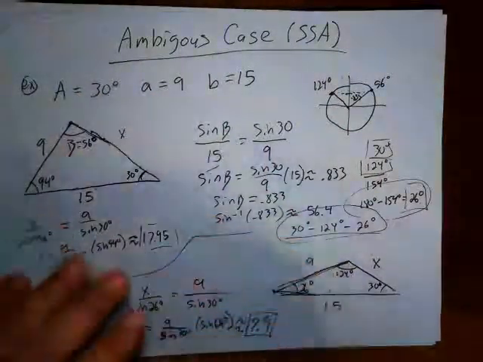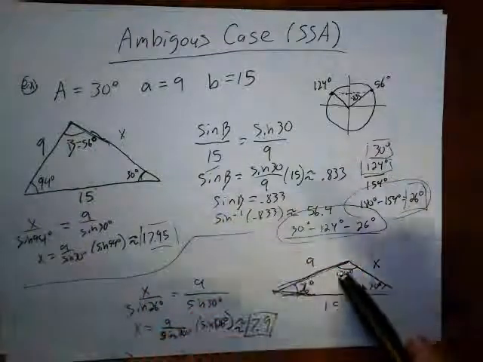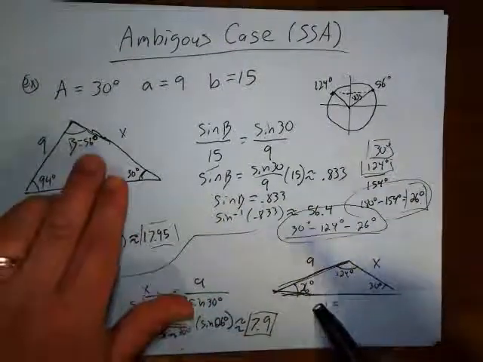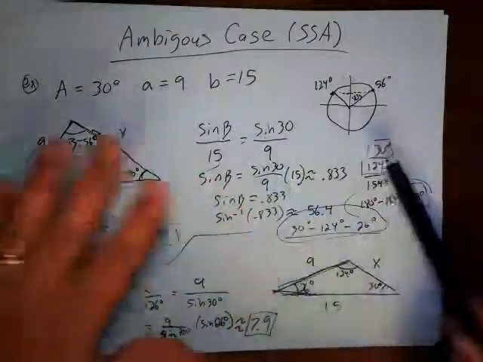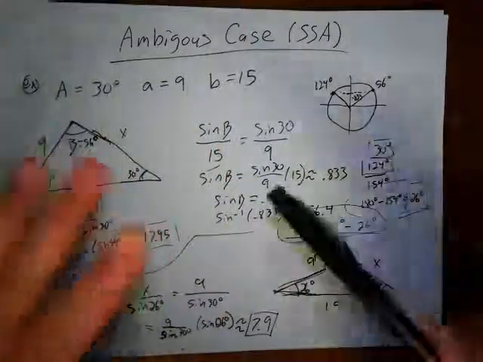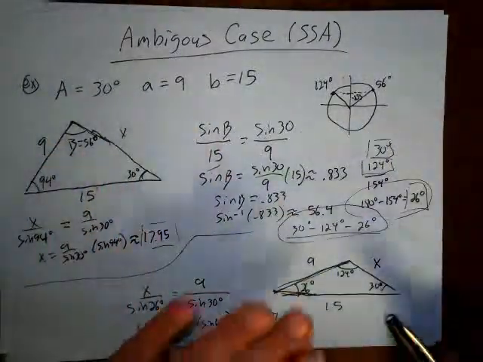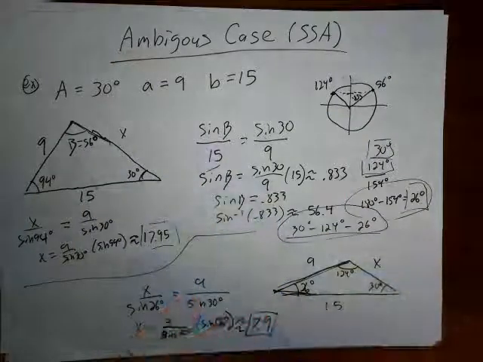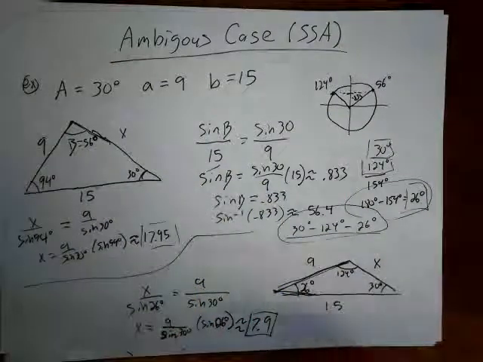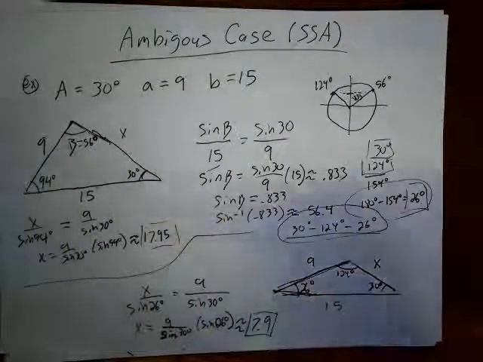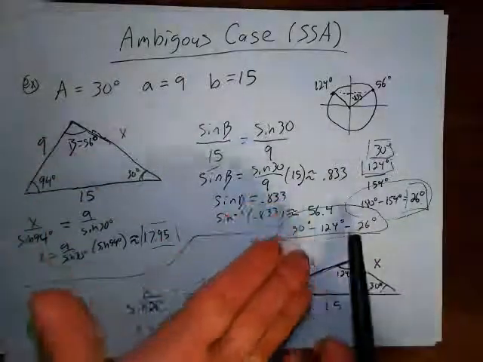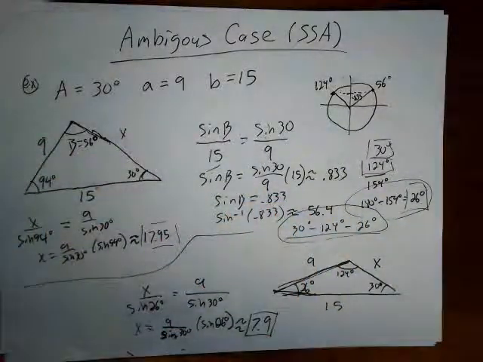So she did this triangle and got the solution, this first one with the 56 degree, and you didn't even know. She just did the problem, and you didn't even realize that there was a second triangle here that also worked as well. So you can always just do it. You'll get the one solution, and you would just miss the other triangle.